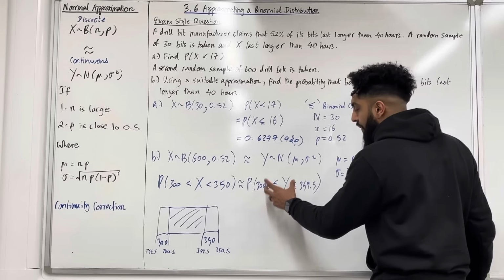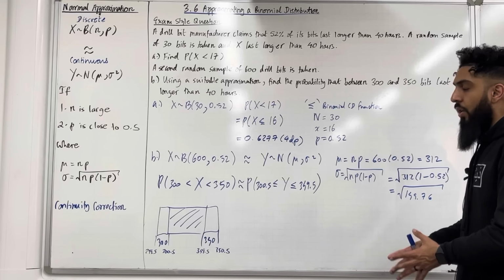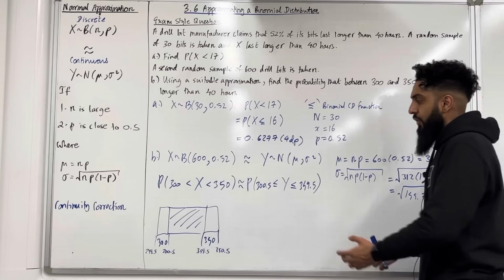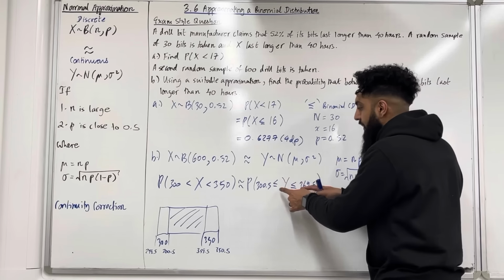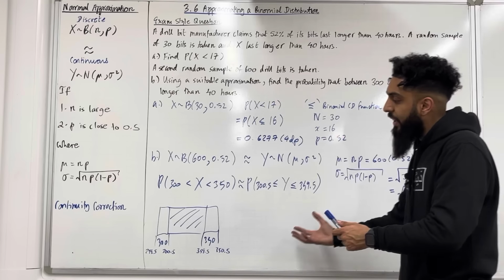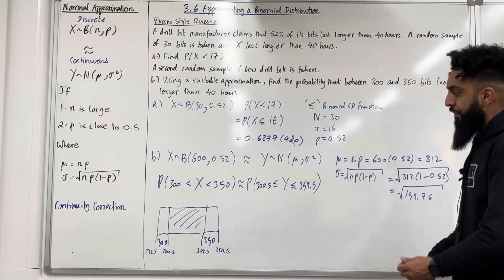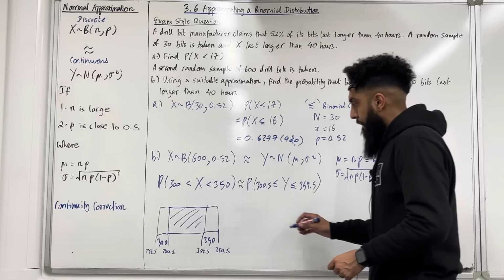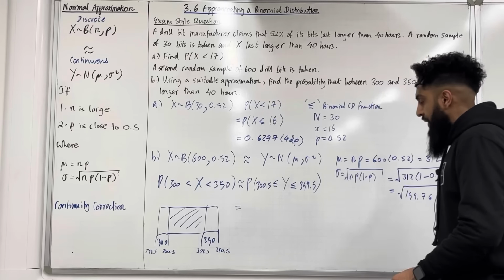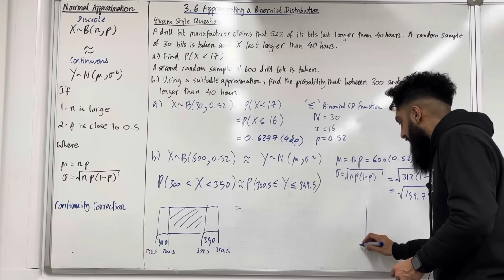So y equal 300.5 and y equal 349.5 contribute 0 area. So I can actually exclude the equal signs and the probability will still stay the same. But we want to be consistent with our diagram. So let's just include the equal. Right, so let's draw a bell-shaped curve to represent this area. So here is my bell-shaped curve, ladies and gents.